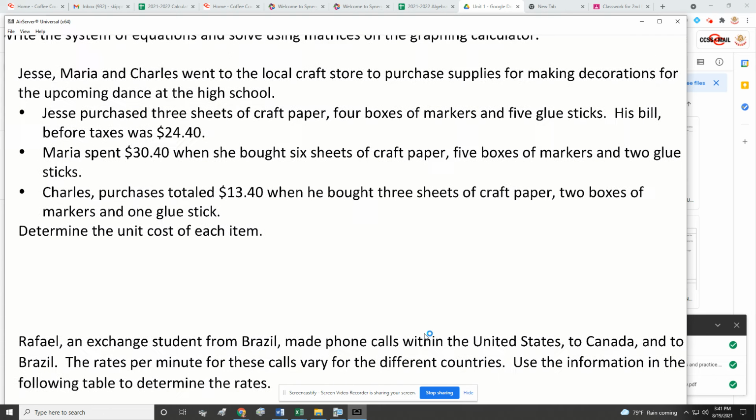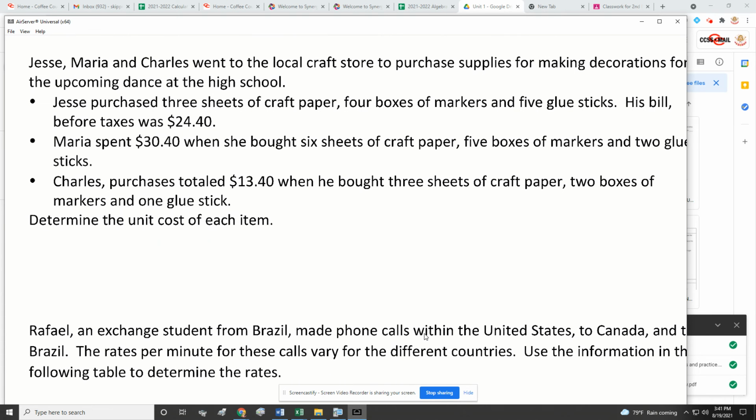So what I'm going to say is that X is the paper price, Y is the markers price, and Z is the glue sticks price.